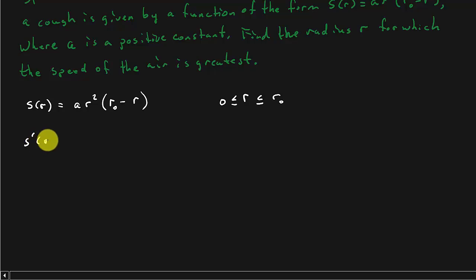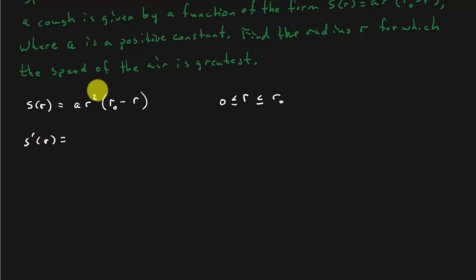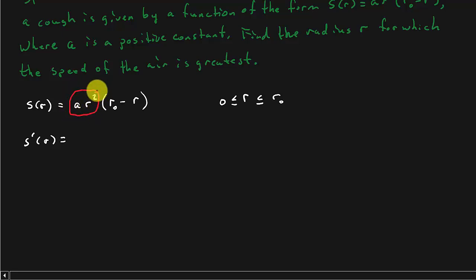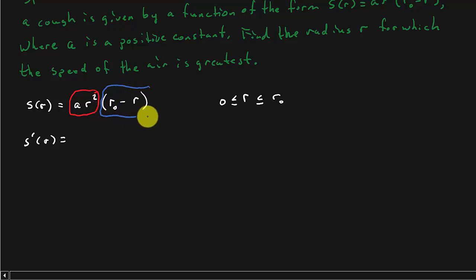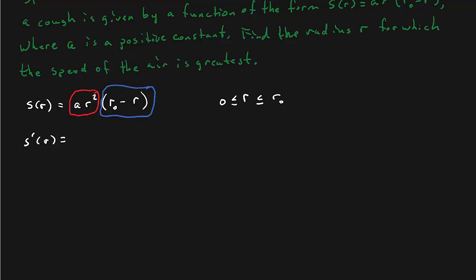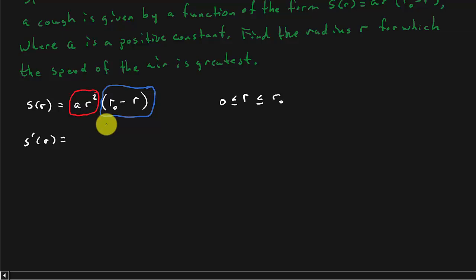So I've got s prime of r. Now this is a product rule. So we'll call this our first function, and then this will be the second function. So it's the derivative of the first function times the second function plus the derivative of the second function times the first function. So the derivative of the first function is 2ar.